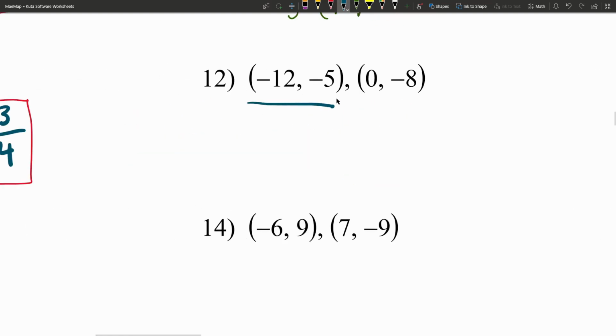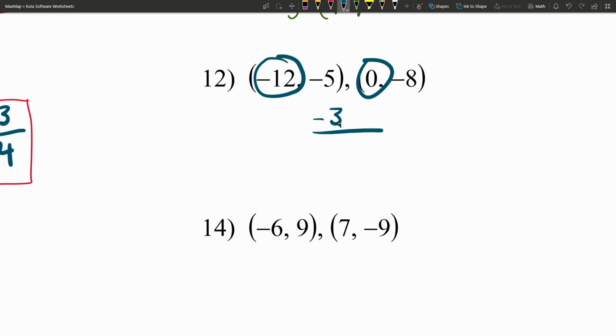Starting with this point, negative 12, negative 5, going to 0, negative 8. Let's just do this one thinking about it. How do we get from our y value of negative 5 to our y value of negative 8? We have to go down 3. So that's a negative 3 in the rise. How do we go from our x value of negative 12 to our x value of 0?